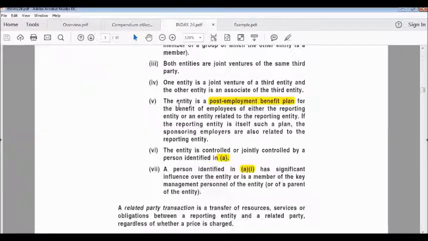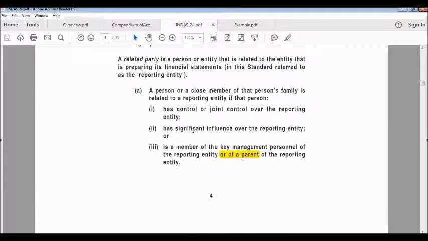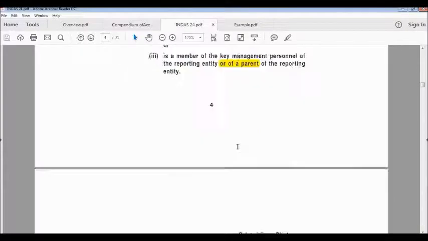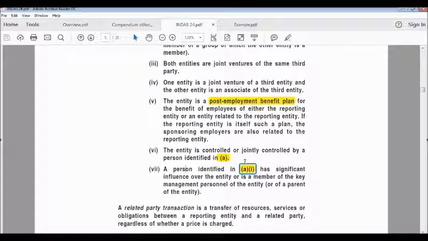And then clause number 7 says a person identified in A subclause 1. A subclause 1 is only the person who has control or joint control over the reporting entity. So a person identified in A subclause 1 has significant influence over the entity or is a member of the key management personnel of the entity or of a parent of the entity.